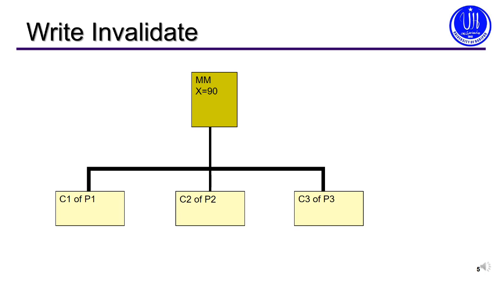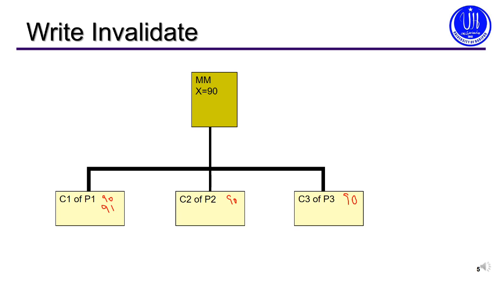Suppose this is a write invalidate. Suppose x value is 90. This processor got its value 90, this also got its value 90, and this also got its value 90. Suppose one of these processors starts incrementing this value, so it changed its value to 91.